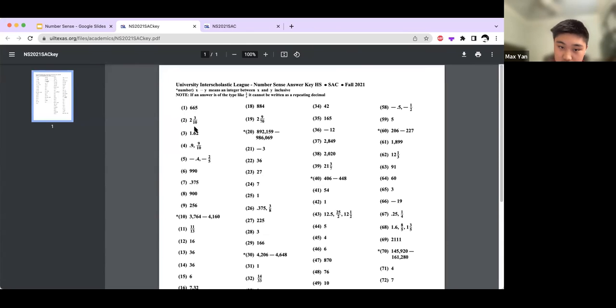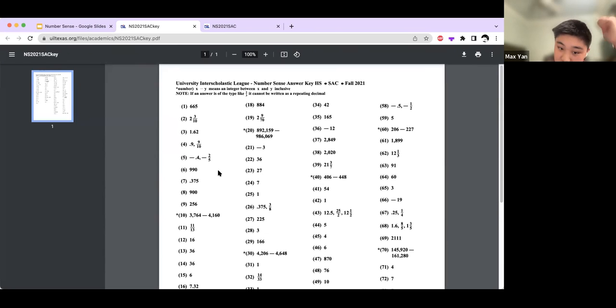So just check your answers real quick. The ones marked with an asterisk mean that your answer can be anywhere between those.